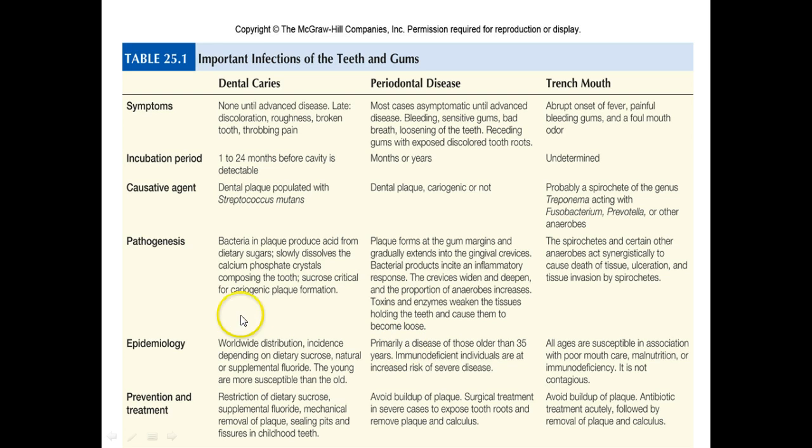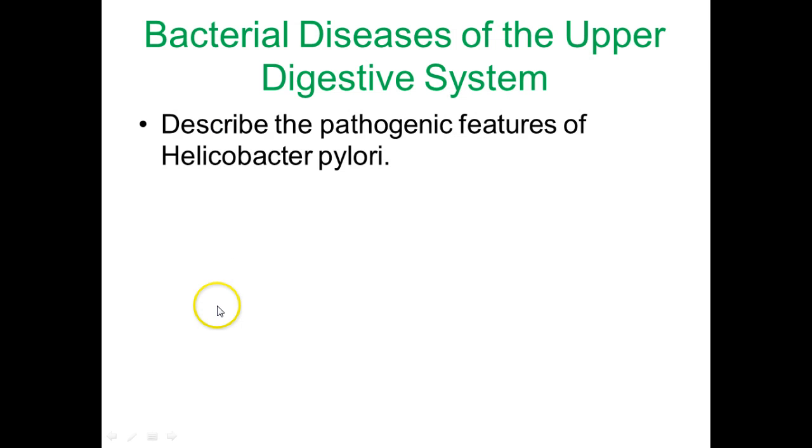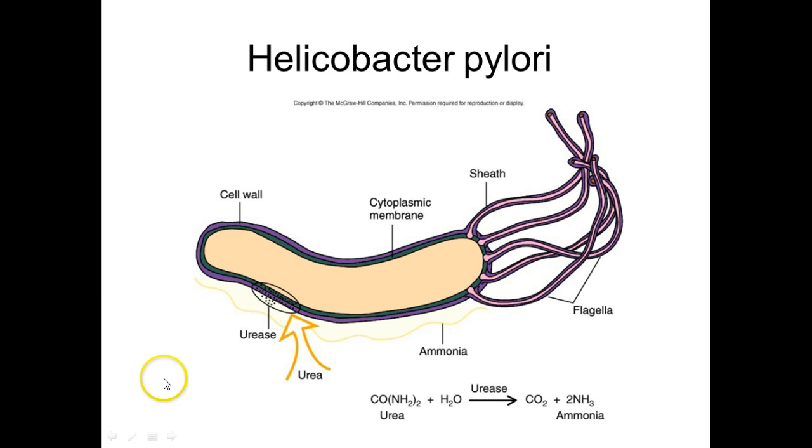So, pretty gross stuff. Moving on to the last part of our upper digestive system, and that relates to our stomach. There are very few infections that you hear about for your stomach. There's one that's been discovered relatively recently. Helicobacter pylori is named after the fact that it can infect the stomach.